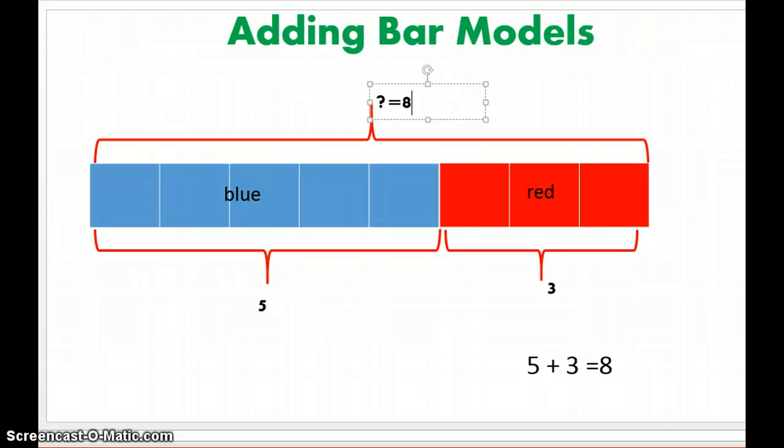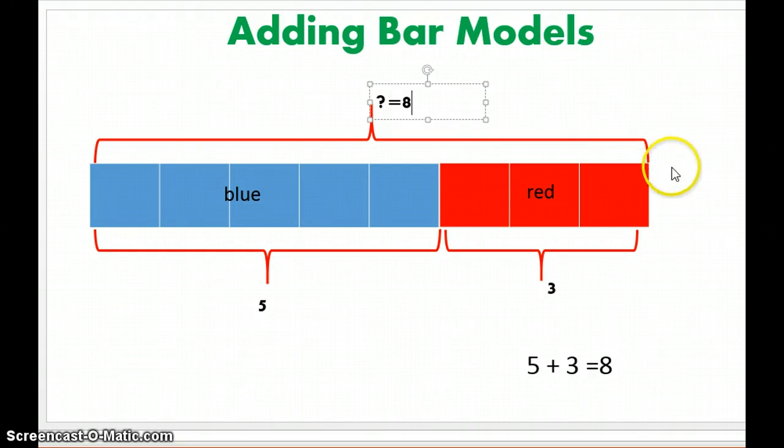What I have just shown you is a very, very basic bar model. In a bar model, we have parts, usually just two parts, and when those two parts are put together, you create a whole bar.